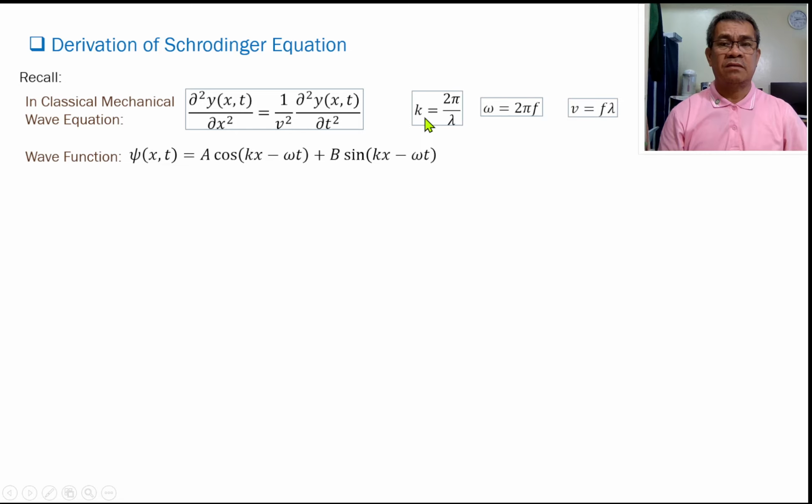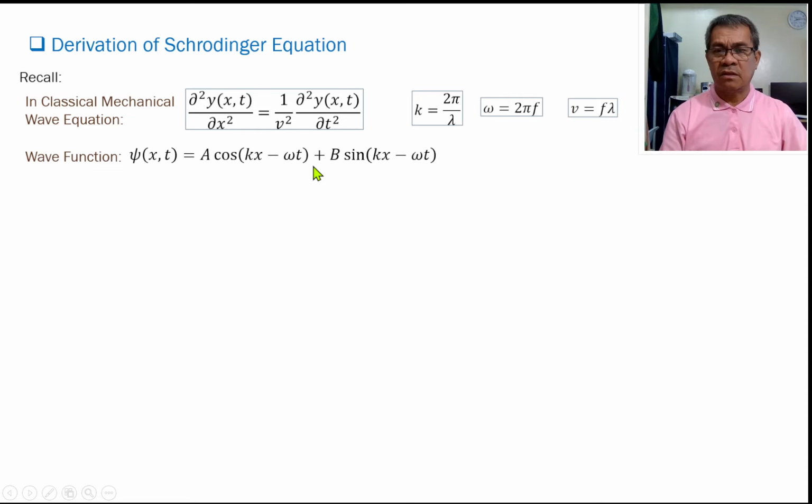We can answer that if we take the derivative of this with respect to position twice, so that we can provide this one, then take the derivative of this function with respect to time twice in order to replace this, then simplify.